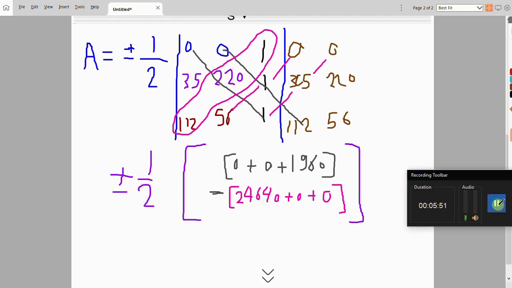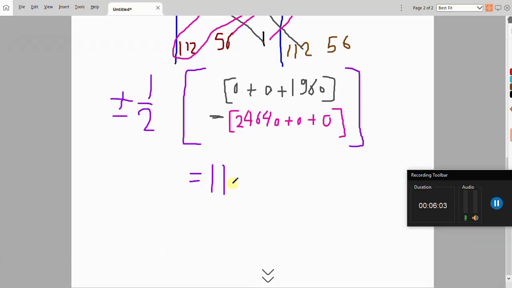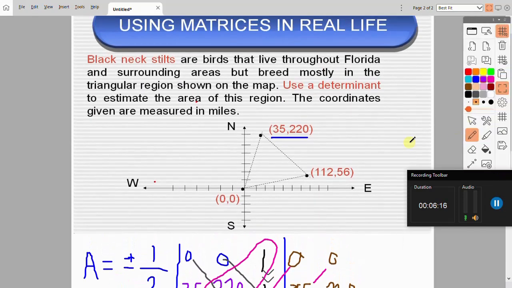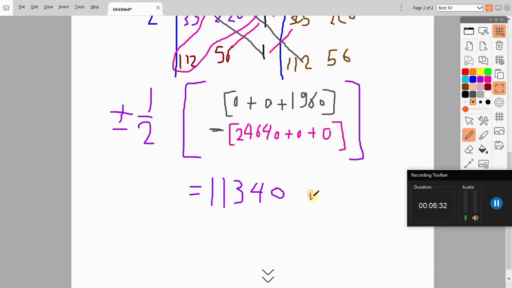Using the calculator, we will find the answer will be 11,340. If the coordinates given are measured in miles, so the area here will be square miles.